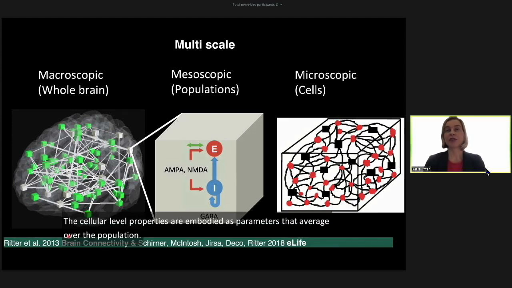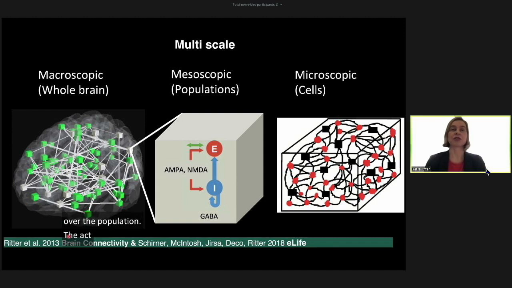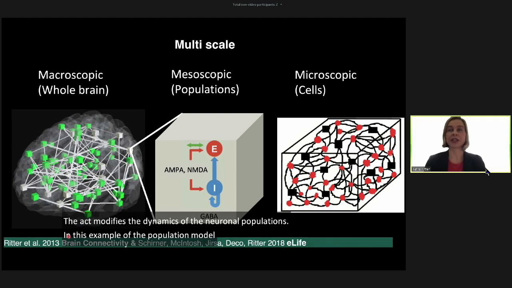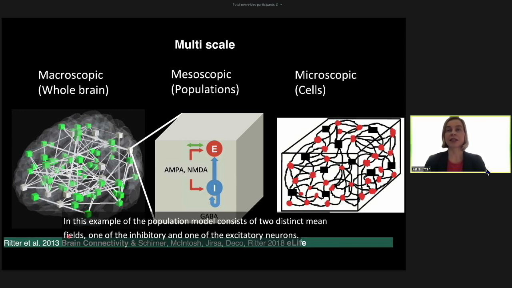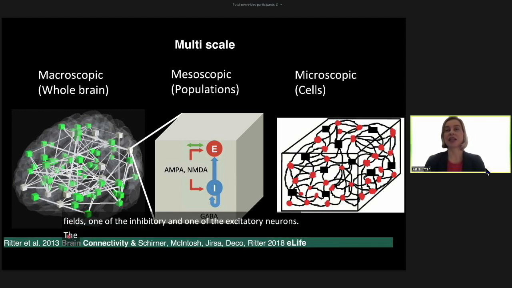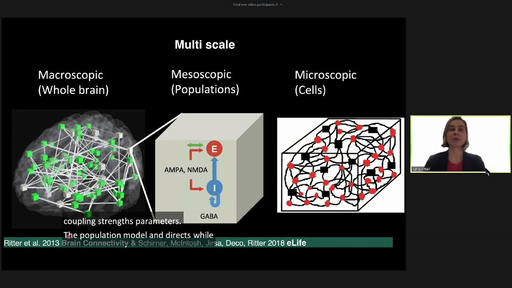They act to modify the dynamics of the neuronal populations. This example of the population model consists of two distinct mean fields, one of the inhibitory and one of the excitatory neurons. The dynamics is determined by local NMDA and GABA synaptic coupling strength parameters. The population model interacts via the reconstructed nerve fiber or structural connectome.